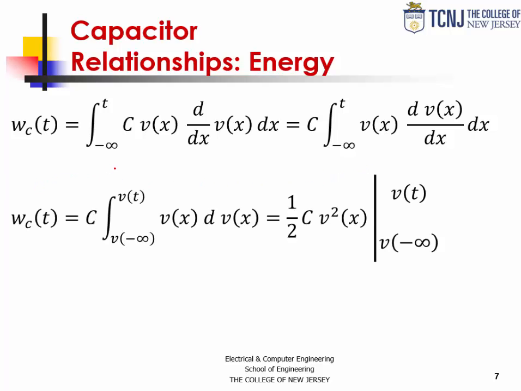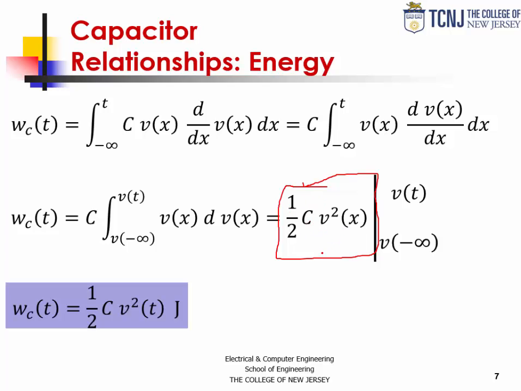And if we simplify it and carry over the integral with limits of v of t, then this simplifies to this expression that says that the energy stored in a capacitor is equal to 1/2 the capacitance times the voltage squared. So that is another summary expression for the capacitor, the energy stored in a capacitor in joules.